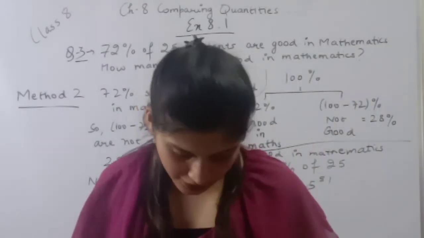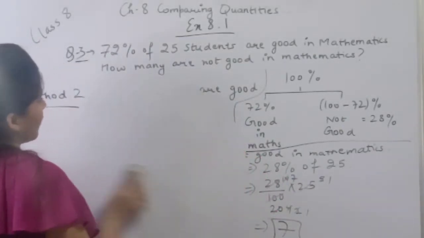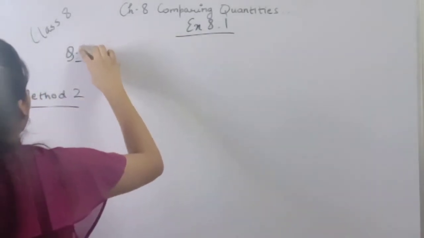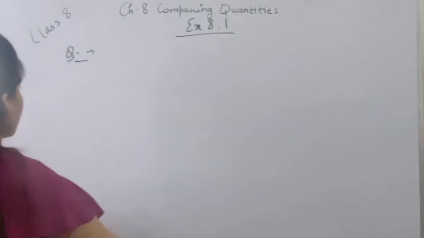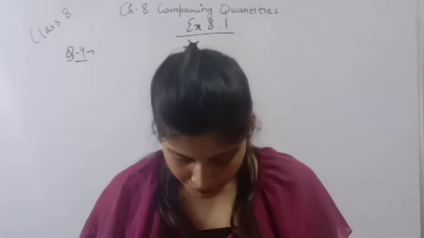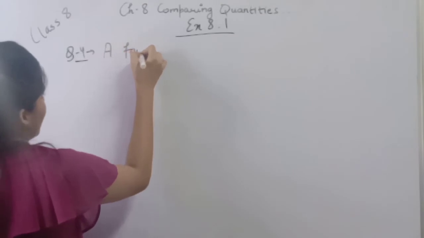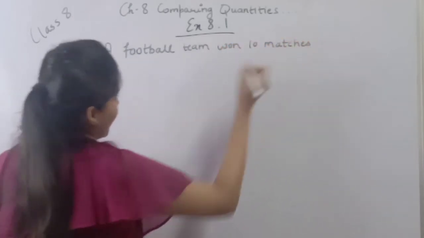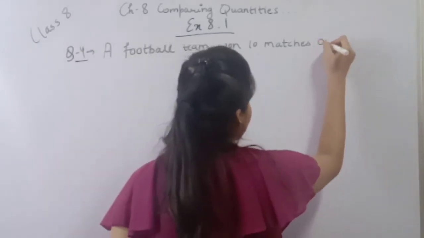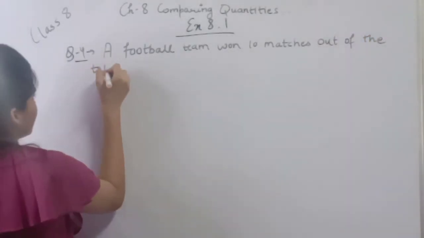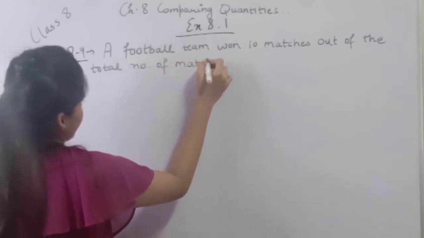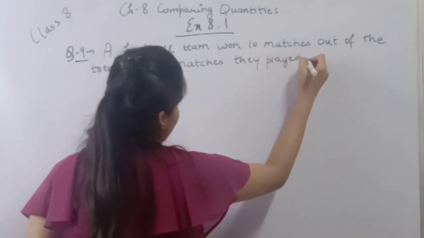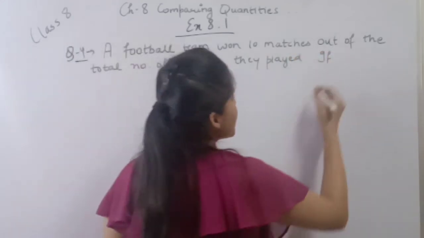Now children, let's come to question number 4. Question number 4 of exercise 8.1 is, a football team won 10 matches out of the total number of matches they played.